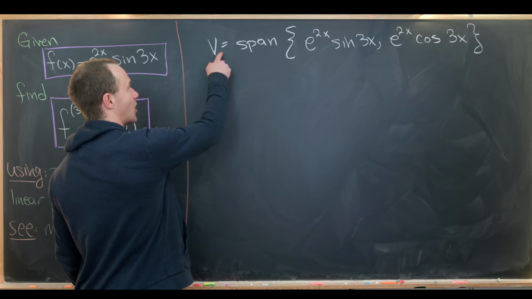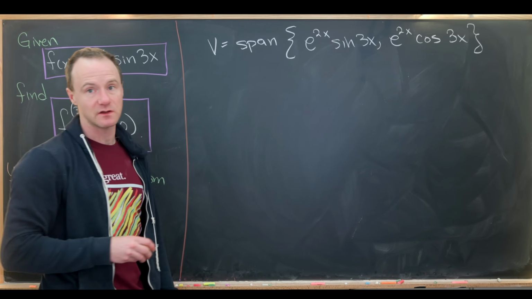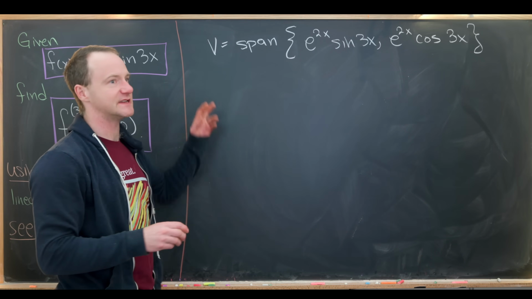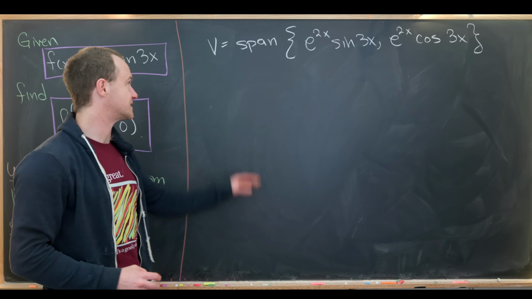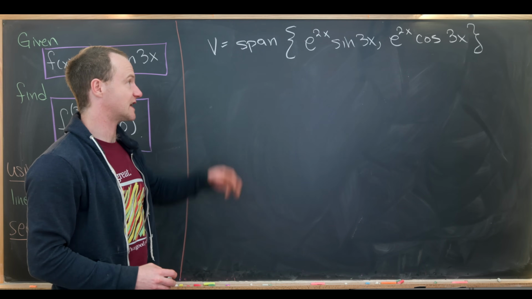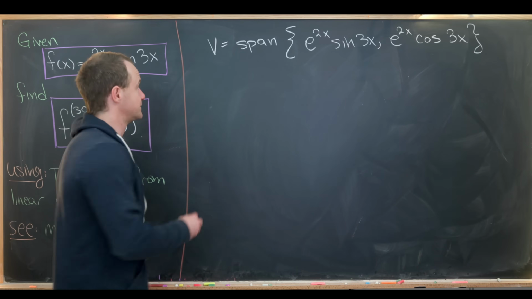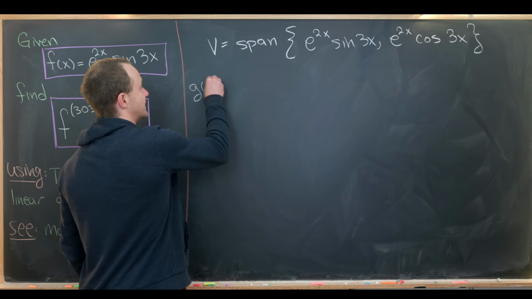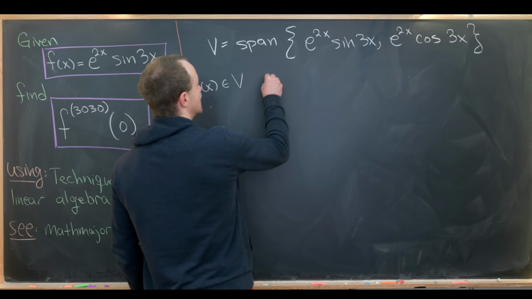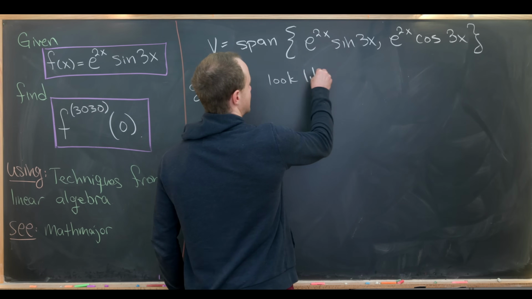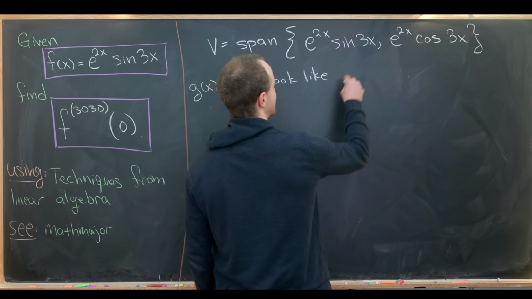And then what does an arbitrary vector inside of V look like? Well, notice V is a vector space made up of functions. So an arbitrary vector inside V is indeed a function. So any g of x inside V looks like, well, like I said, a linear combination of these two things.